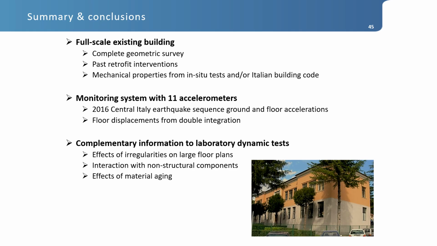For instance, there are non-structural walls in the building or other elements. There is the effect of material aging, which is somehow accounted for in the mechanical properties of the masonry walls, which were tested, but also there are other elements which are not tested. So this is a very realistic case, and the performance of the analysis was undoubtedly satisfactory.